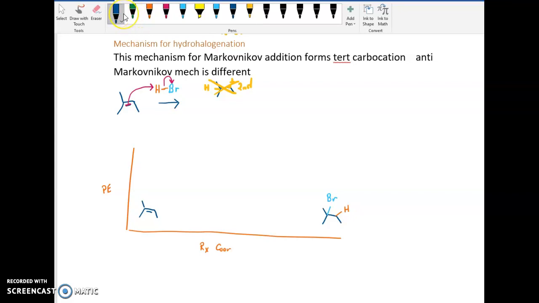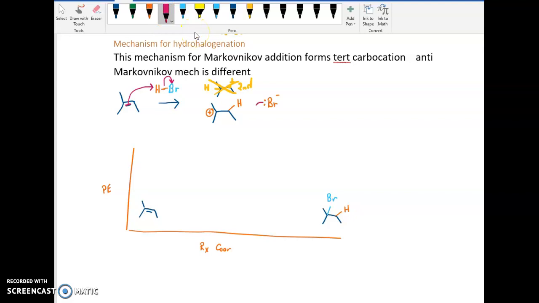What happens is that the hydrogen is going to go on the less substituted position, and that leaves our carbocation in a tertiary position, and that is favorable. Then we've got this bromine hanging out here that's got extra electrons. So we're going to have a nucleophilic attack.